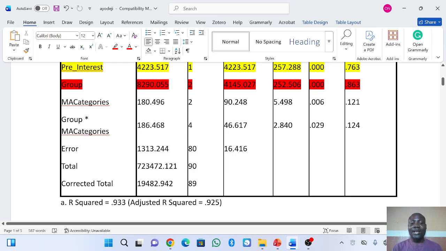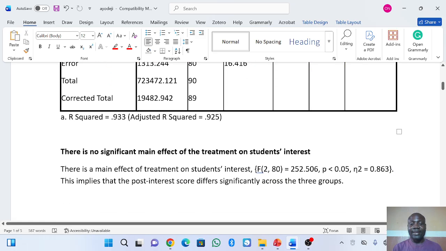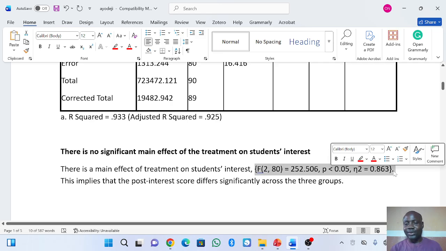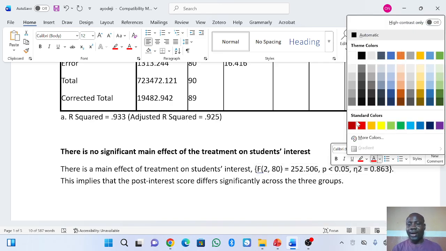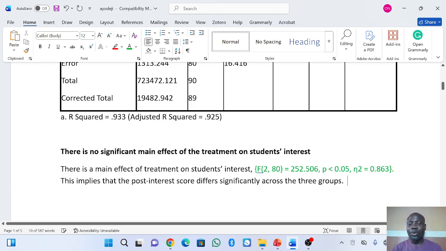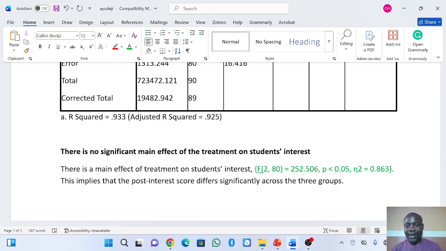So that's how I got 2, 80. You can see it here again: there's a significant main effect of treatment on student interest.